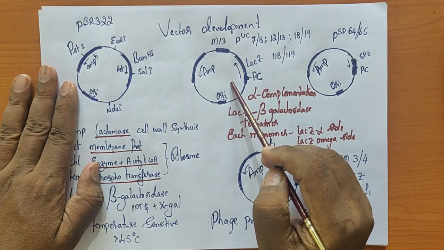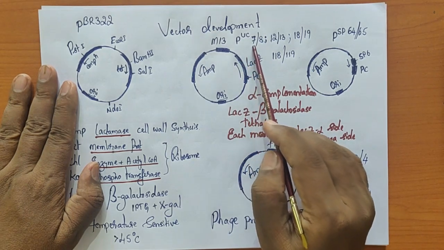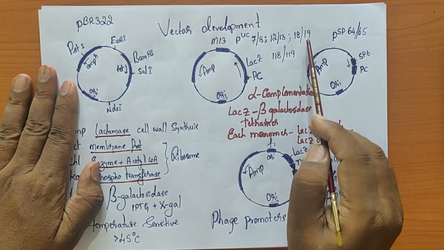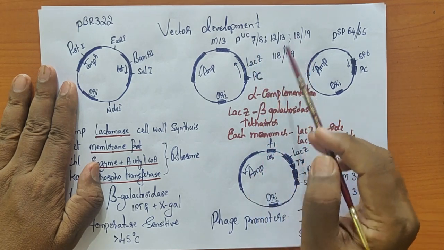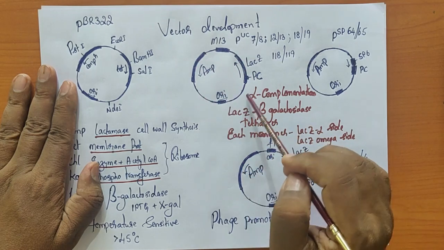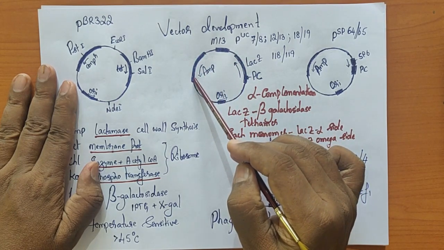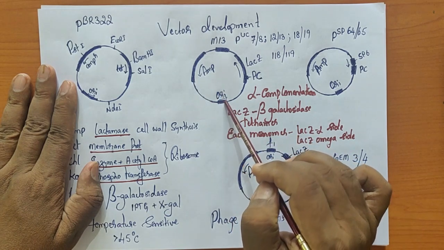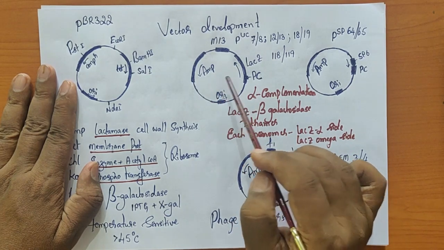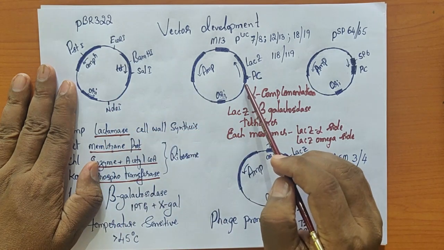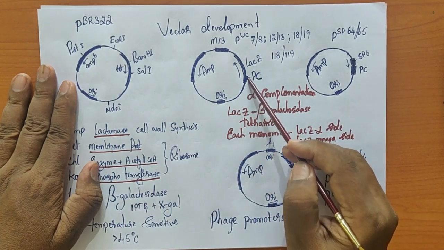So here we have PUC 7/8, 12/13 and 18/19. All of them have the plasmid DNA. Then it has the ampicillin resistant gene required for the identification of the clone, and a very good origin of replication. Compared to PBR 322, in most of the other vectors we also have a polycloning site.